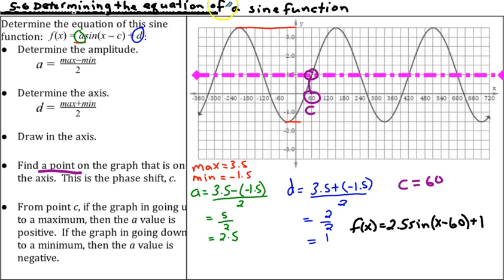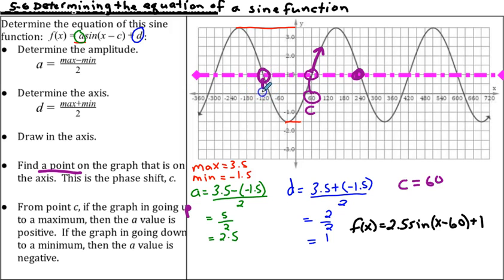And it says here, from point C, if the graph is going up to a maximum like this, then your A value is positive. But what you could have done is you could have looked at this value. That value is also on the axis. Also, this value is also on the axis.